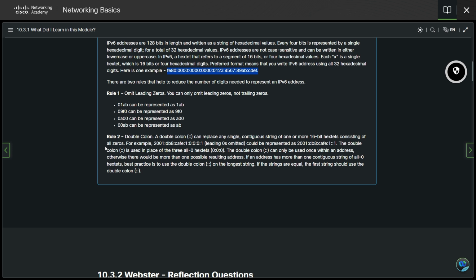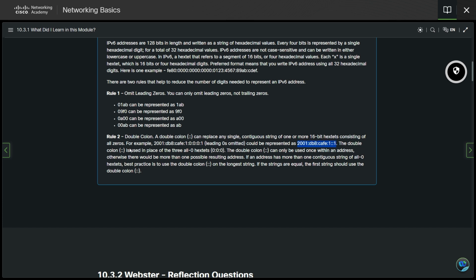And Rule 2, double colon. A double colon can replace any single, contiguous string of one or more 16-bit hextets consisting of all zeros. For example, this address could be represented as this address.